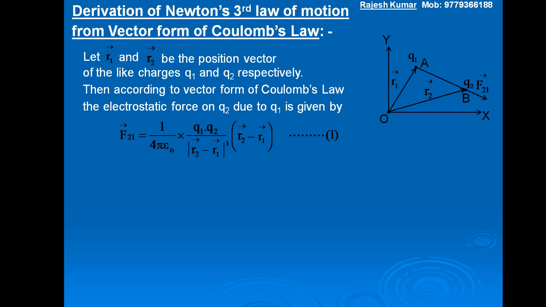Now according to triangle law of vector addition, in triangle OAB, the vector R1 plus vector AB, they are in the same order, is equal to vector R2, denoted by the third side of the triangle in opposite order.